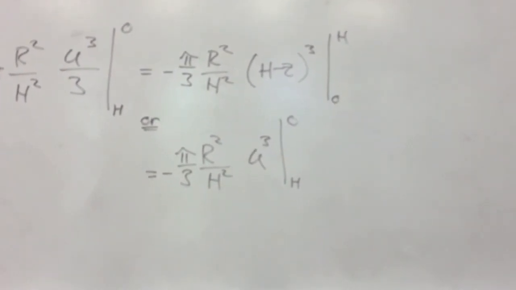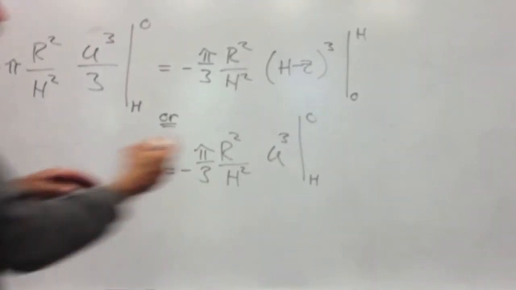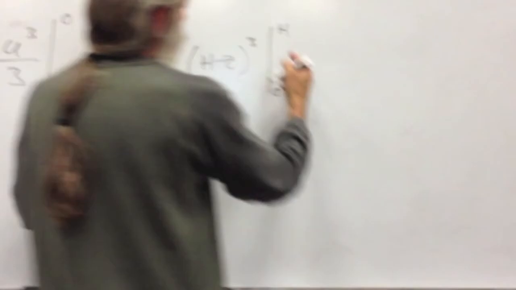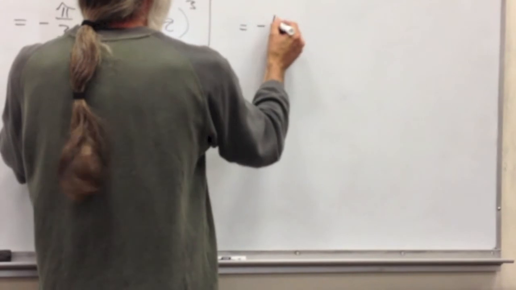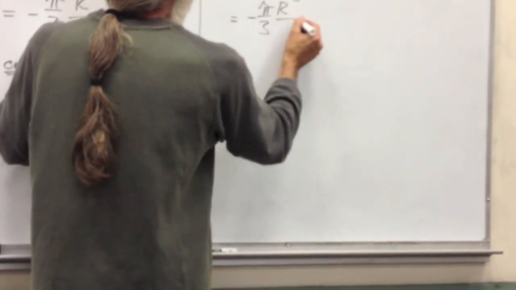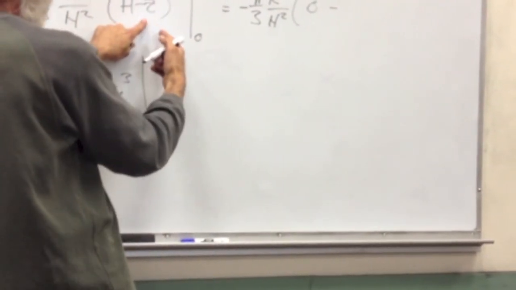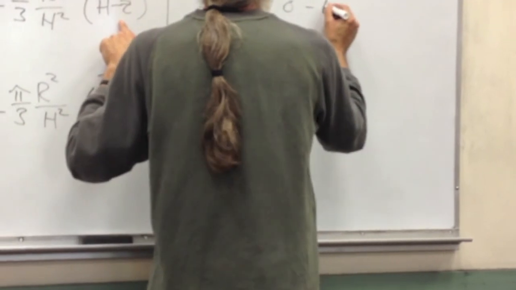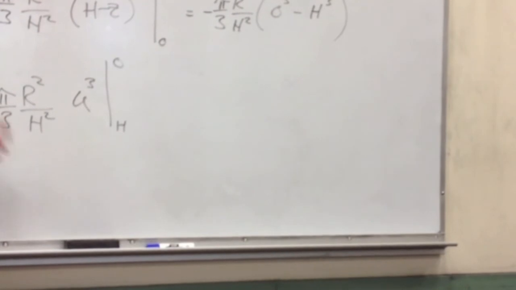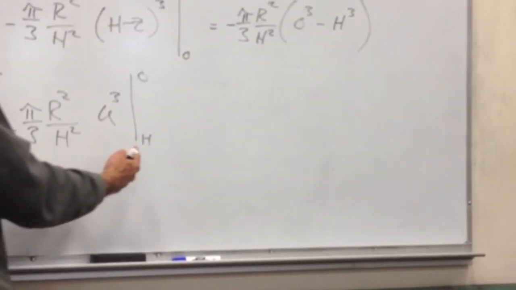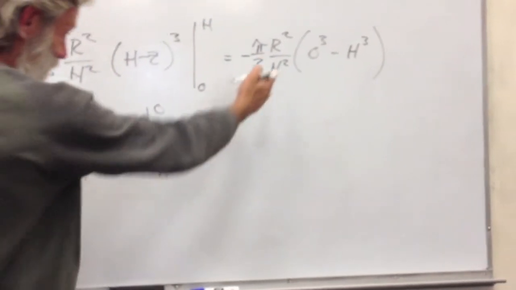I just want to make sure you see the parallel here. If I evaluate this one at h, the first term is 0 cubed, so we get just this constant out front again. And I have a 0 cubed minus, and then when you put in 0 in here, you get an h cubed. If you go with this form, instead of bothering with going back to z, as long as you did this part correctly, your answer is going to be identical to that.